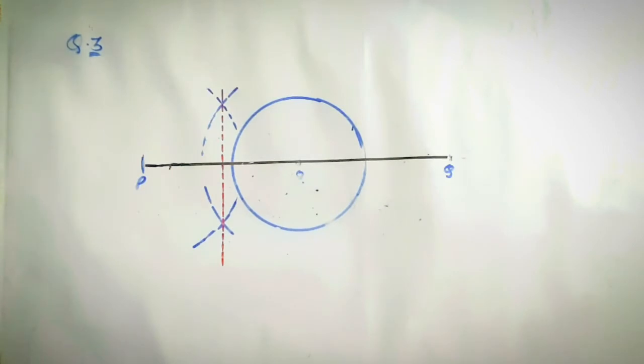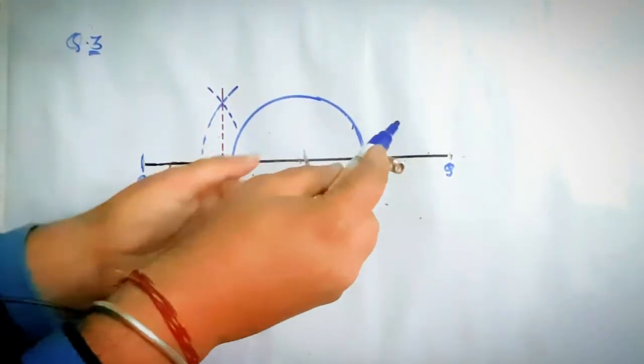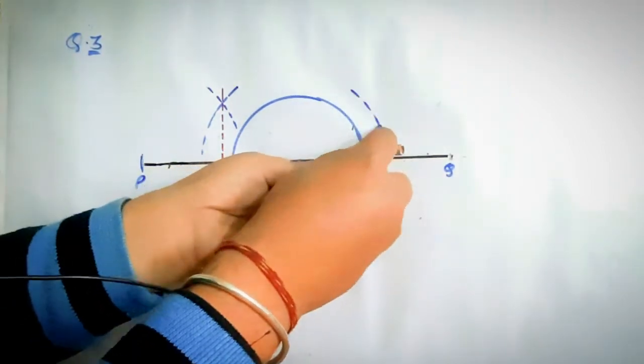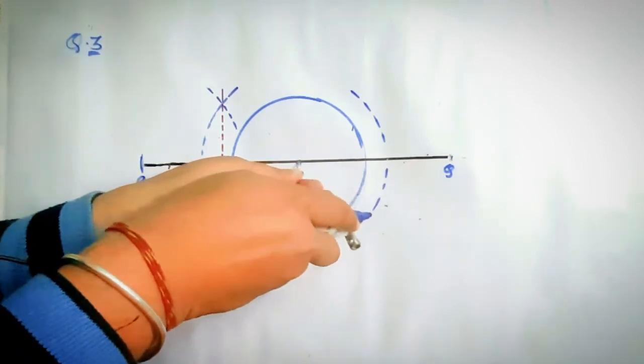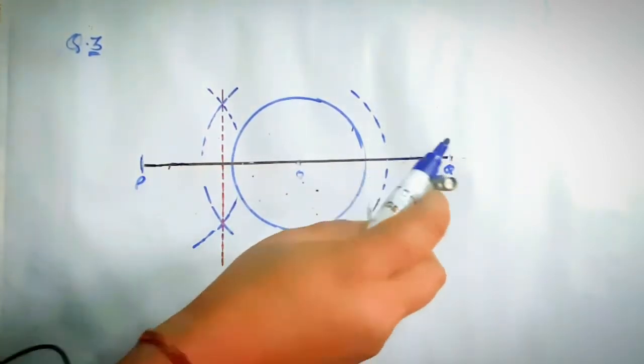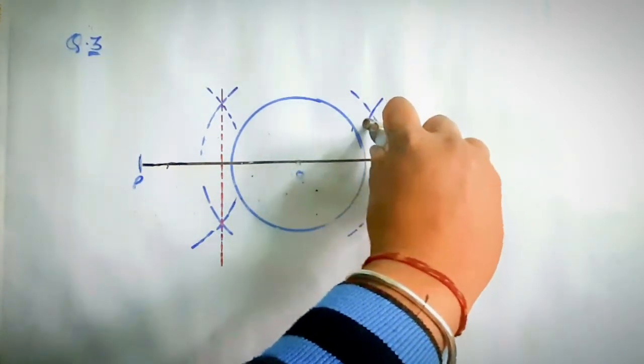Follow the same procedure on OQ. Open your compass more than half and place on the center O and draw an arc. Then keep it same, place on point Q and draw another arc.